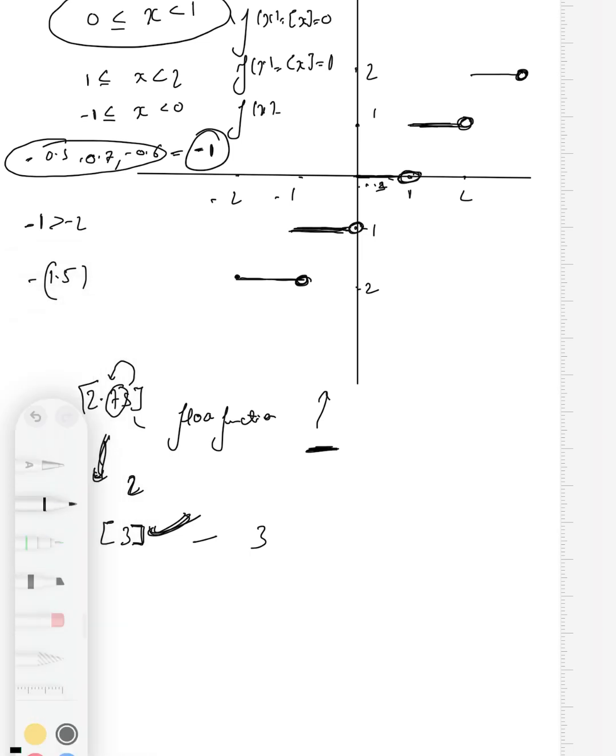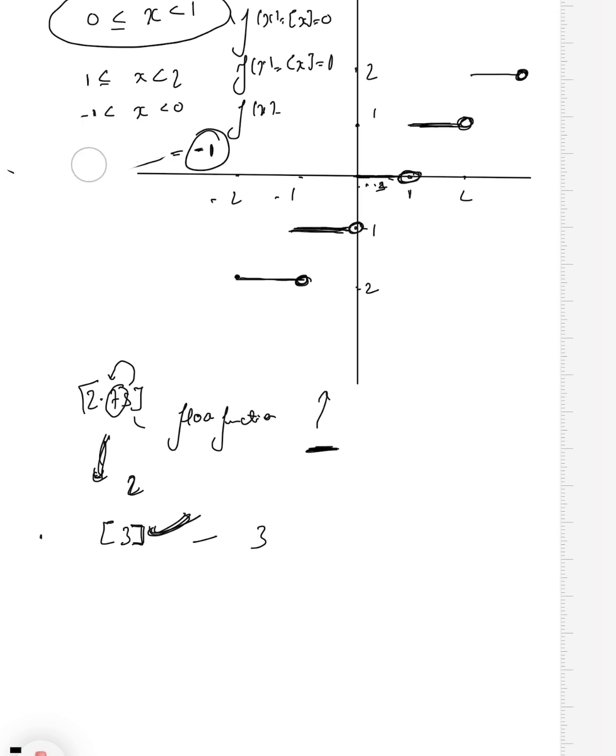Okay, let's formulate this and write an example. Yeah, I told you, if I write x less than 0 and greater than -1, I always get f(x) equals -1.